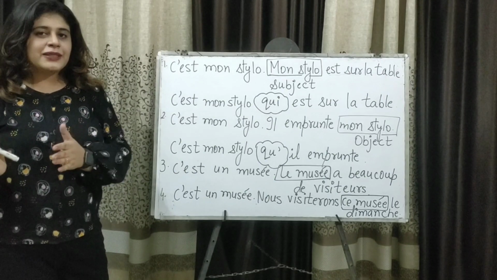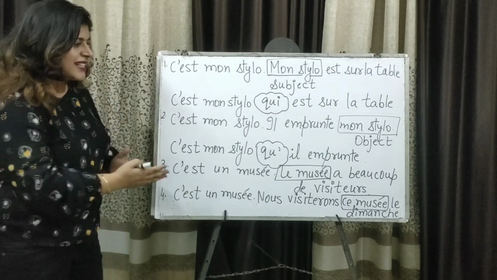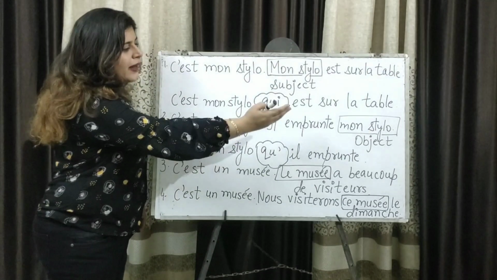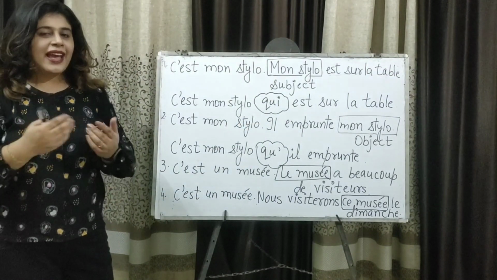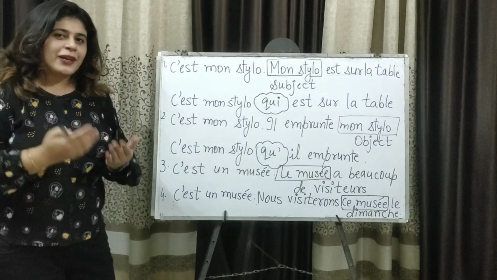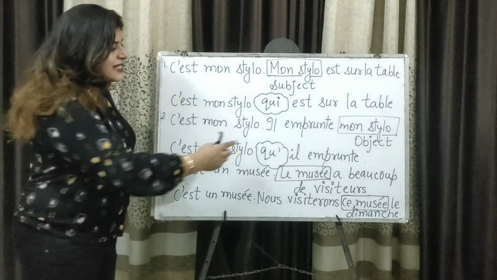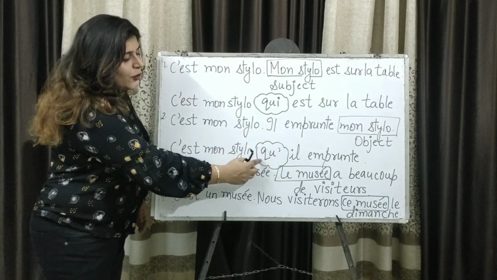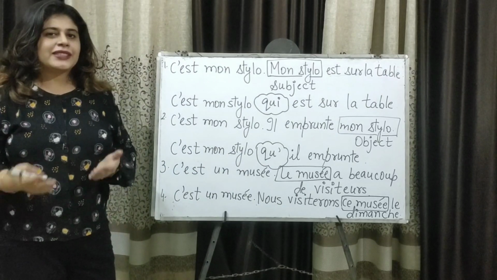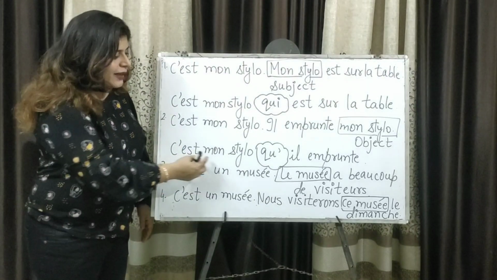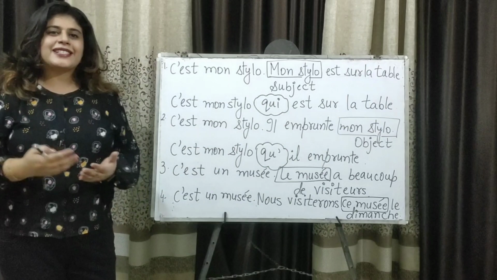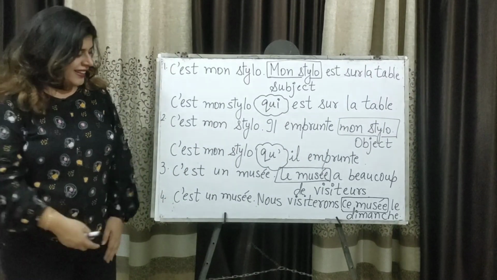So my pen comes as an object. He is the subject, emprunte is the verb and mon stylo is the object. And how do we replace an object? We replace it with que. As the subject was il, qu' apostrophe is to be used instead of que. C'est mon stylo qu'il emprunte, it's my pen that he borrows.